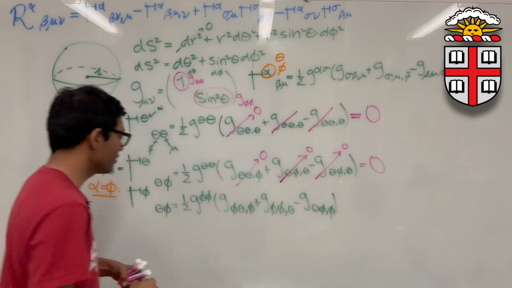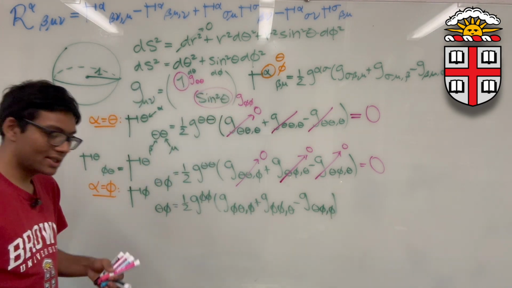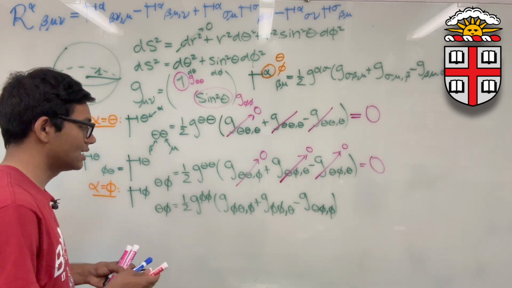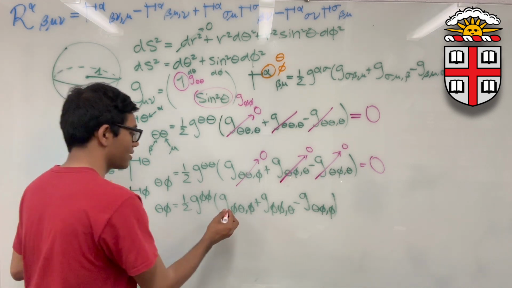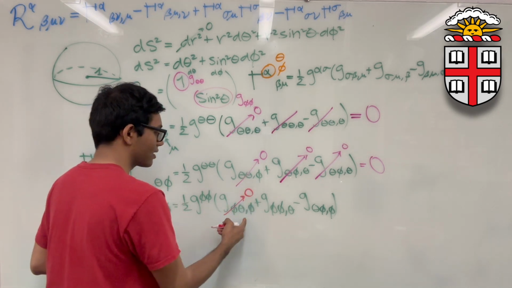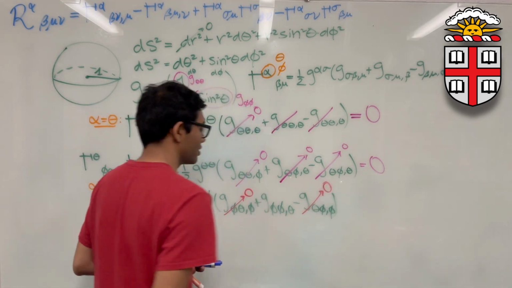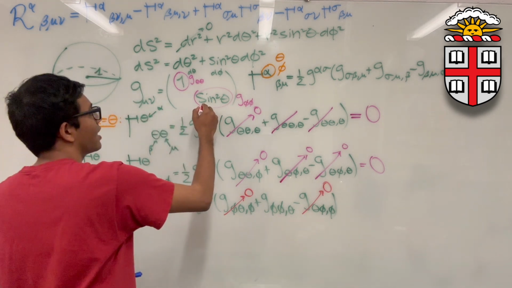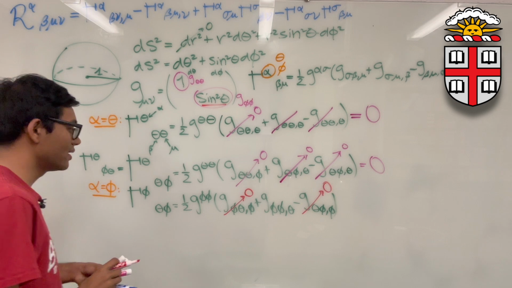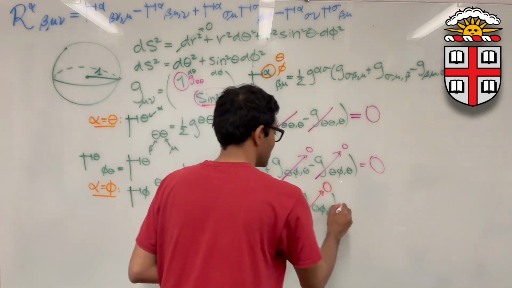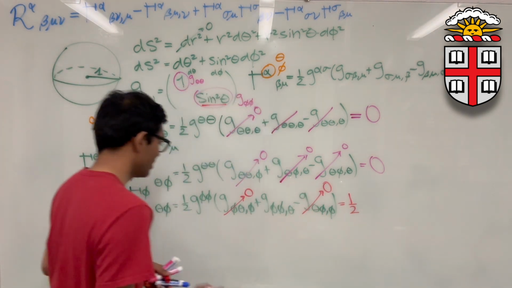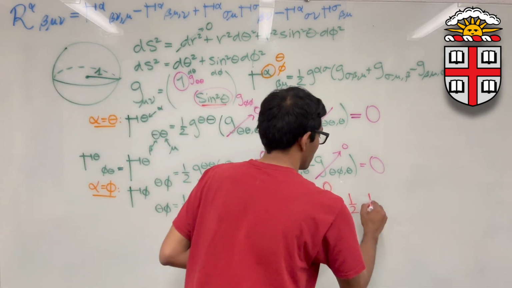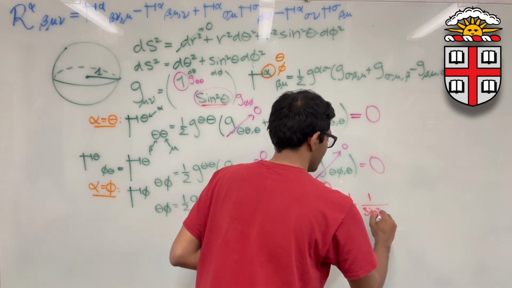Okay, so now at this point, let's evaluate this thing. First of all, we know that any non-diagonal elements are going to be 0. So this phi theta component is 0, theta phi component is 0. Now here, this is interesting. We're taking the derivative of the g phi phi element with respect to theta. Finally, this is going to give us something non-zero. So we'll have 1/2. This is the inverse metric, g phi phi. So that'll be 1 over sine squared theta.